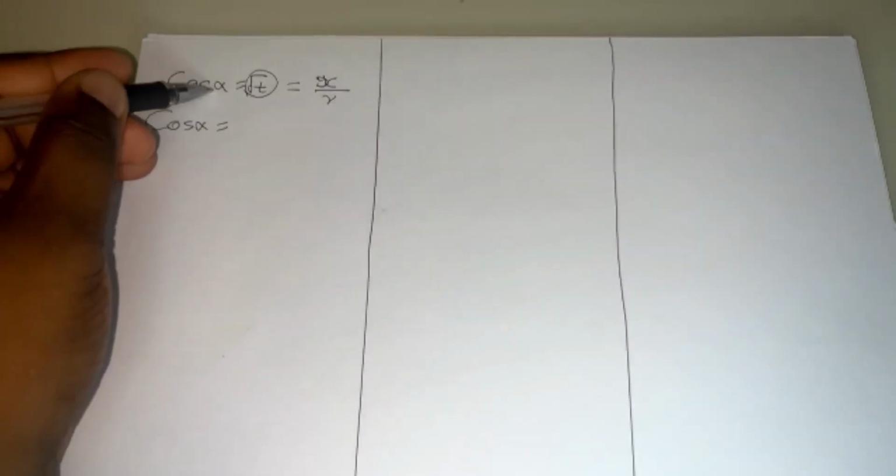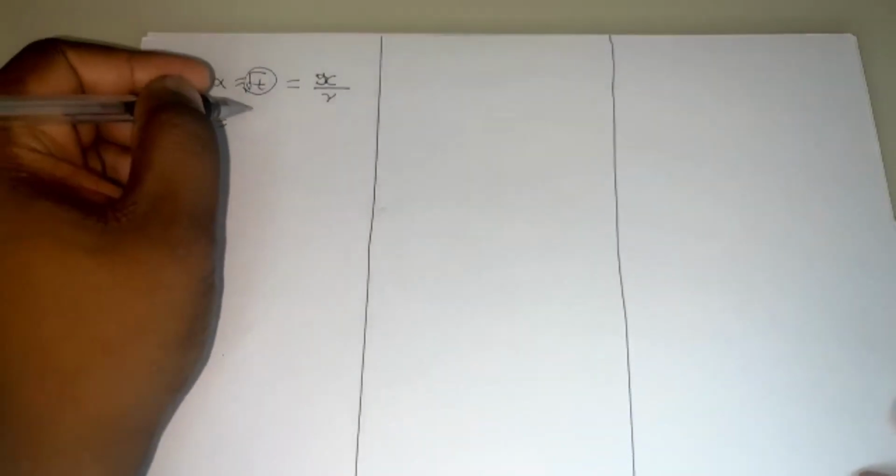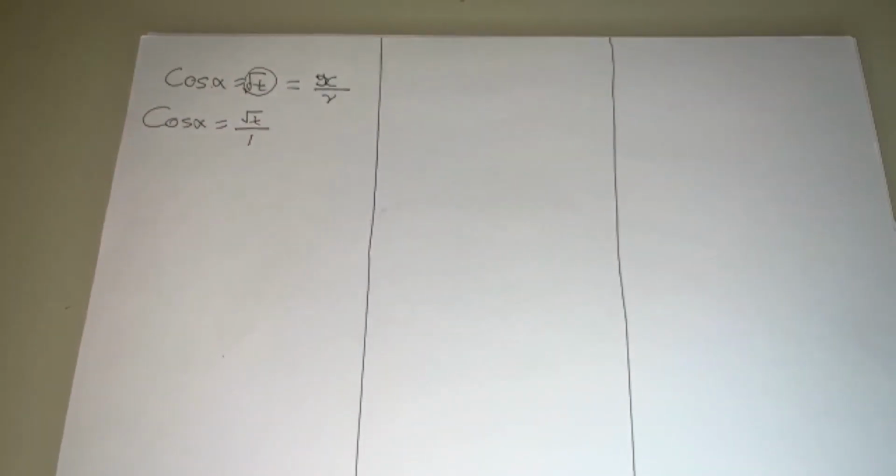Because we know that cos angle is equal to x divided by r. So here we're only given one value, it's either r or x. But we know that if it's divided by 1, it will be that thing. So it's more like saying root of t divided by 1. If you express this mathematically, it will just give you root of t.